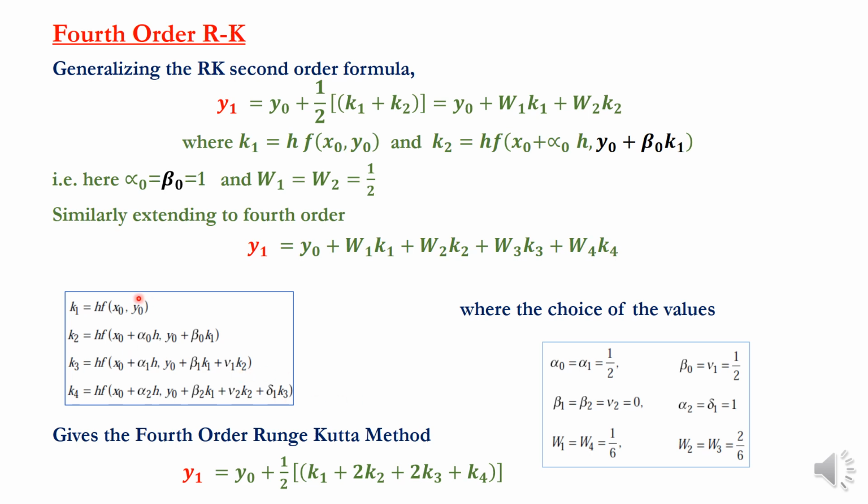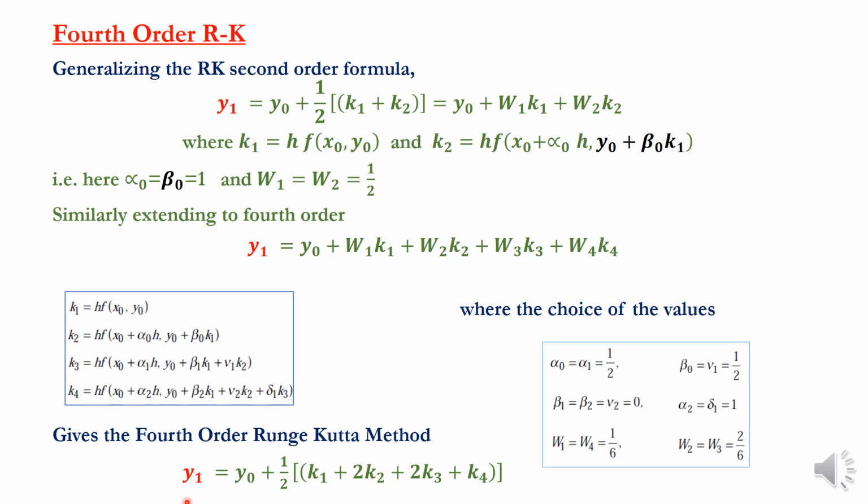So choosing different alpha, beta, delta, nu, we get different equations. When we choose alpha0 is equal to alpha1 is equal to 1 by 2, beta0 is equal to nu1 is equal to 1 by 2, beta1 is equal to beta2 is equal to nu2 is equal to 0, alpha2 is equal to delta1 is equal to 1, and w1 is equal to w4 is equal to 1 by 6 and w2 is equal to w3 is equal to 2 by 6, we get the fourth order Runge Kutta equation.